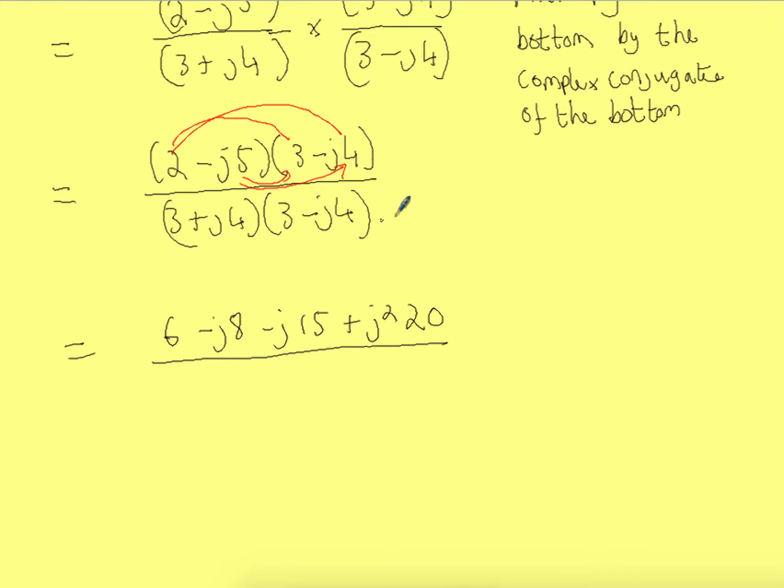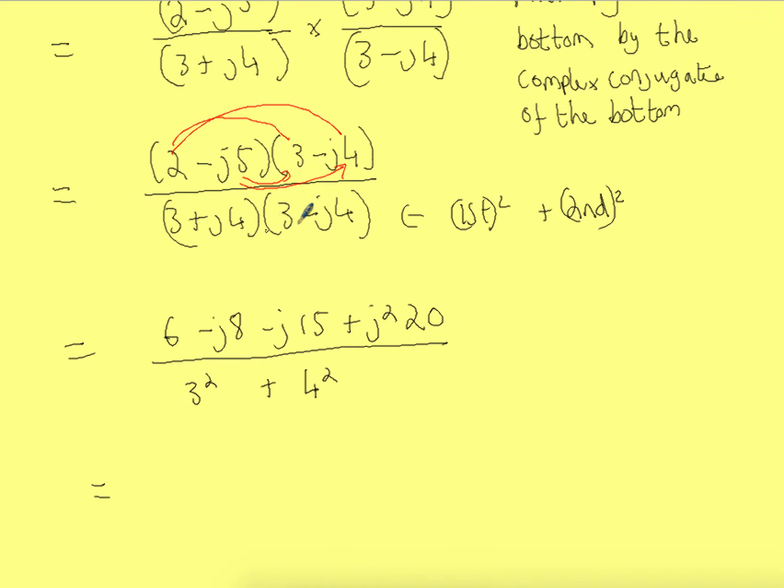Now, this bit here is the complex number times its complex conjugate. So remember, that just becomes the first squared plus the second squared. That's why I did that in that last slide. So that's just going to be 3 squared plus 4 squared.